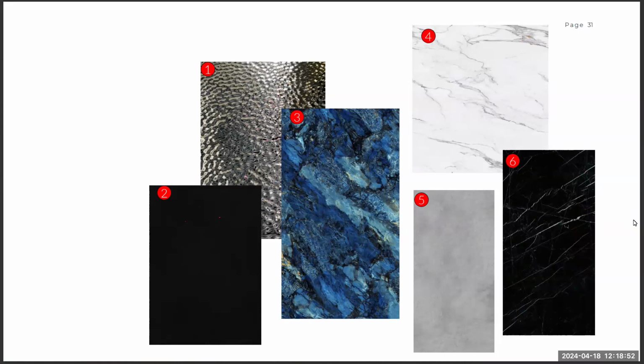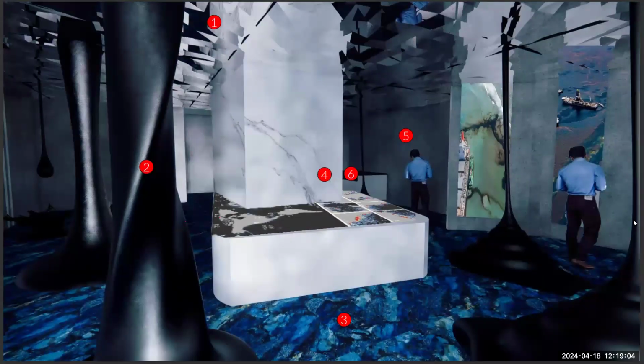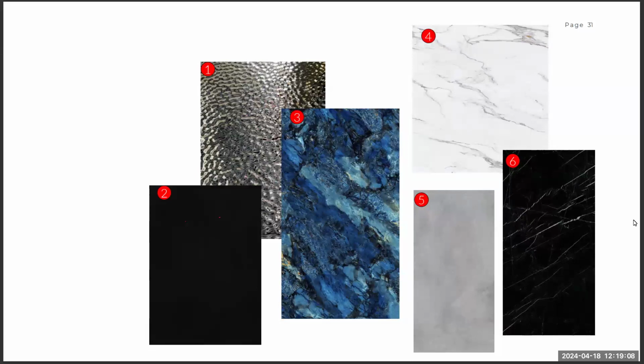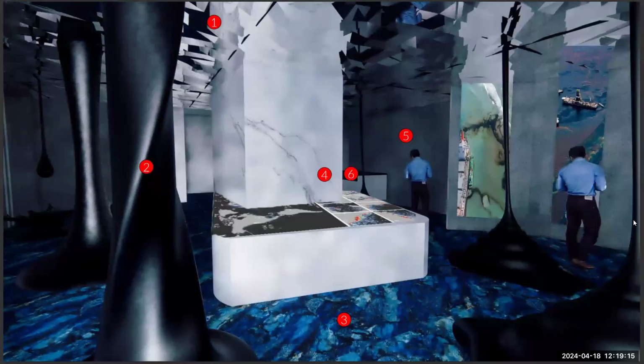This can make the room look bigger. The second is PVC plastic, which is the corner material. The third is the marble like ice. This material can make the floor look more like water and the sea.